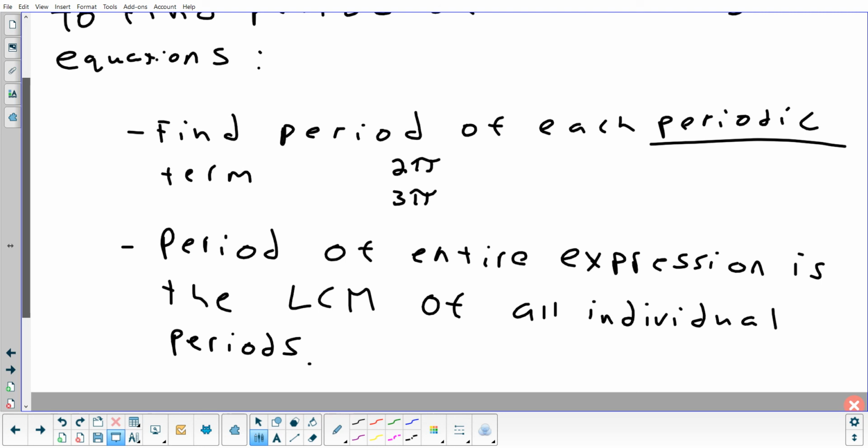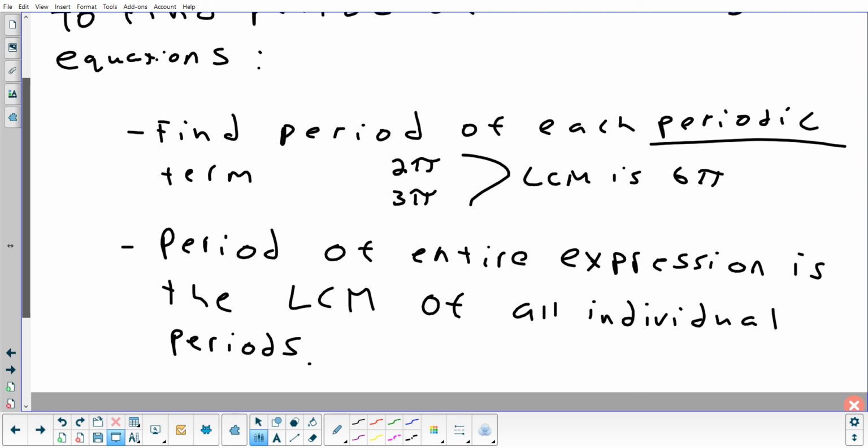They'd go into this number evenly. Okay? So the least common multiple would have to be greater than or equal to each of the individual numbers. So think if you were finding the least common multiple of 2 and 3. It's the same idea, except add pi onto your answer. That again? 6 pi. Yep, the LCM here is 6 pi.